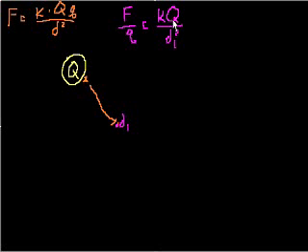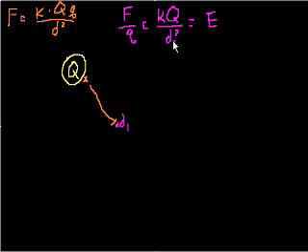Right? Or we could say in general, and this is the definition of the electric field, and actually this is the electric field at the point D1. And if we wanted a more general definition of the electric field, we'll make this a general variable.